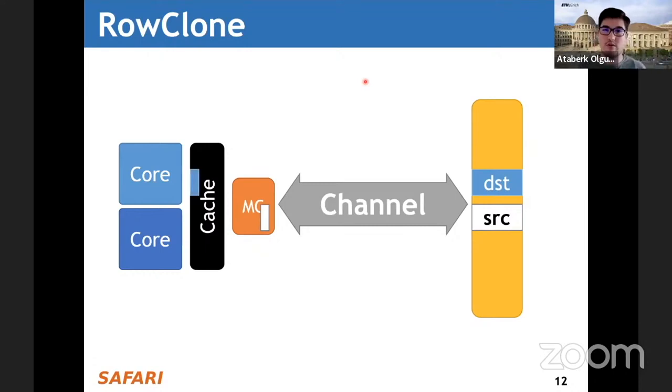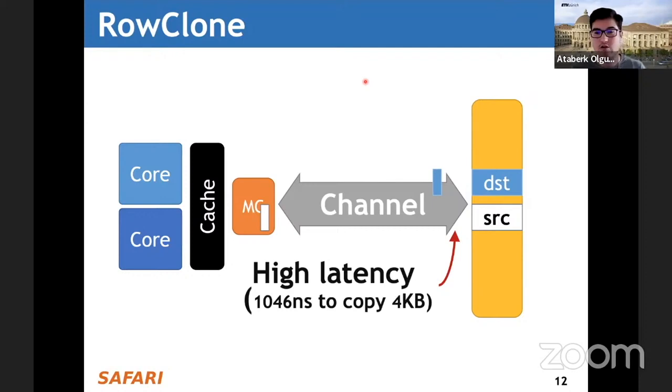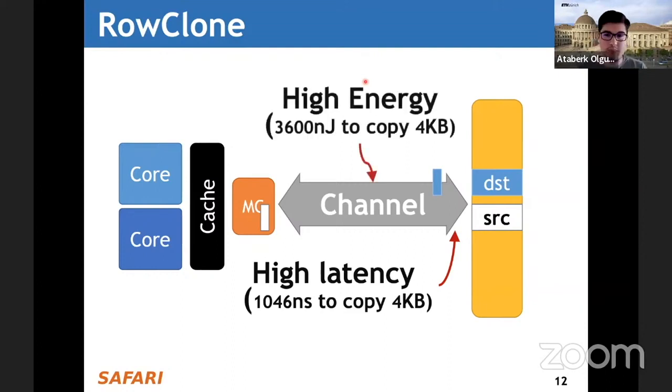We will store it to some other address, and this will first be stored in the caches, and then over the memory controller, it will go back to the DRAM module on the right. And this process actually incurs high latency. It takes around 1 microsecond to copy 4 kilobytes or a single page. And it also induces high energy costs.